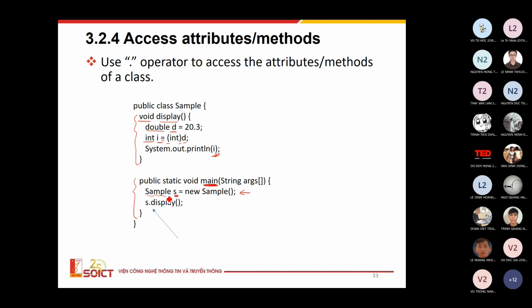Because this object is declared as the sample, when you want to access the display in this class, you use the point. Maybe later I will analyze this for you more clearly. Just to introduce, the point operator is used to access the attribute or method.